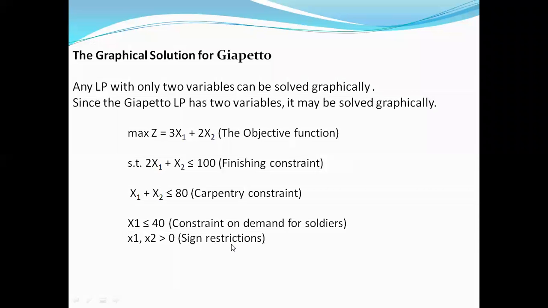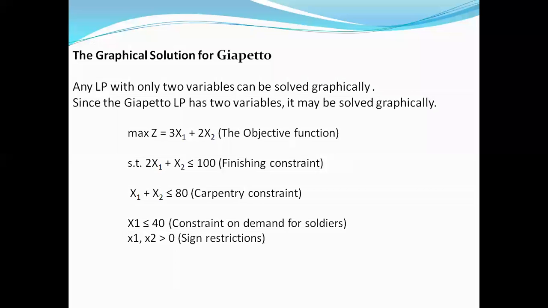So four relations have been discussed in this class: first, the proportionality limit; next, the additivity application; next, the divisibility application; and finally, certainty or sign values. So this is the sign value representation. Signs will be only positive, that is more than zero.